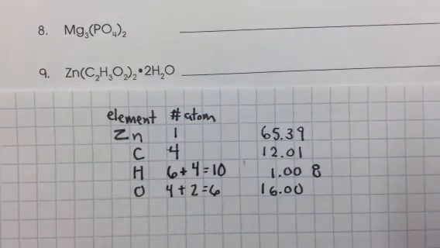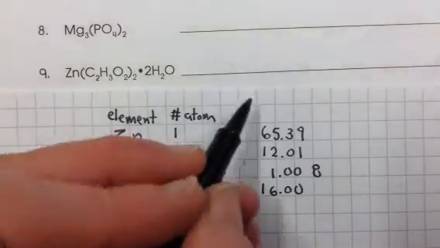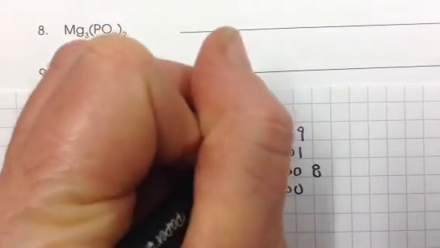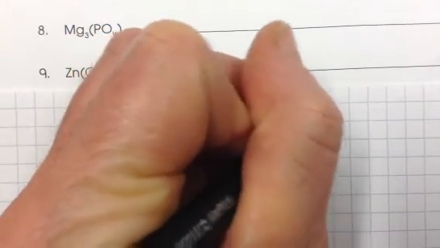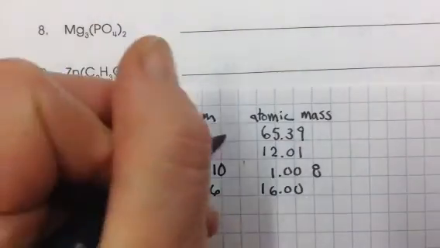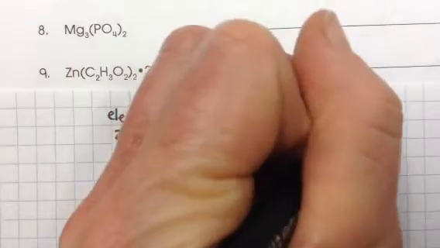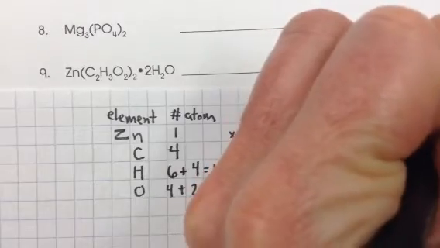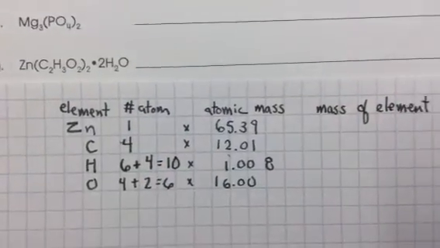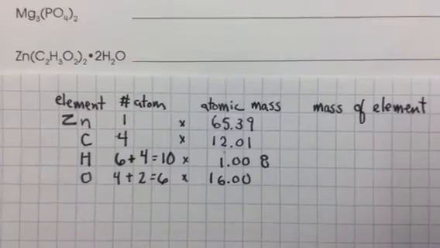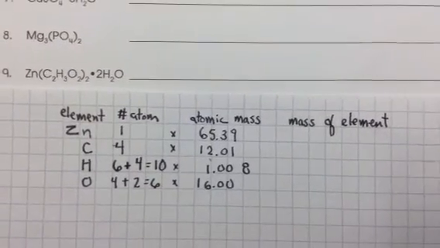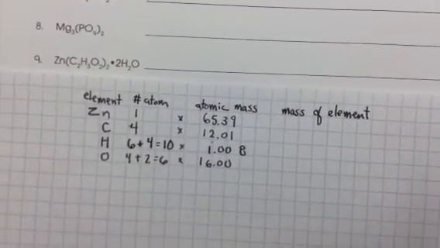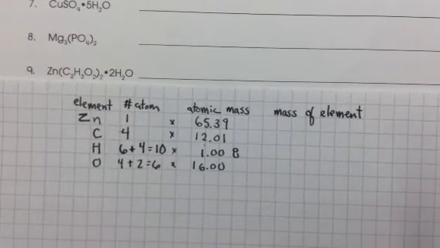Now we don't just add them up because we have to multiply these though. So we have the atomic mass. That's that weighted average. And with the number of atoms, we're going to multiply those and we'll get the mass of element in the compound. And then when we add all of them up, we will have the mass of our actual compound. So we'll multiply, then add them up.